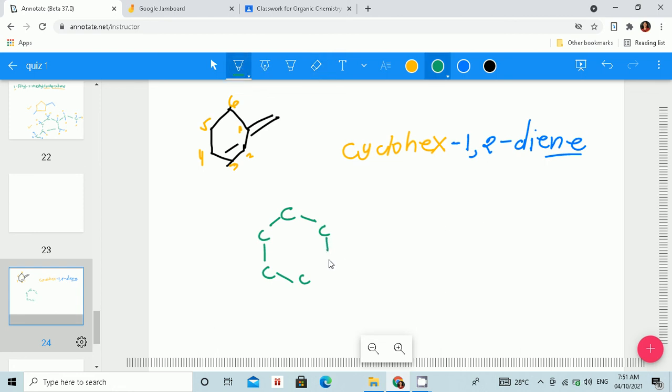Then 1, see here, so 1, 2, 3, 4, 5, 6. And then we have a double bond in carbon. Of course this is a C. And then we have a double bond here.